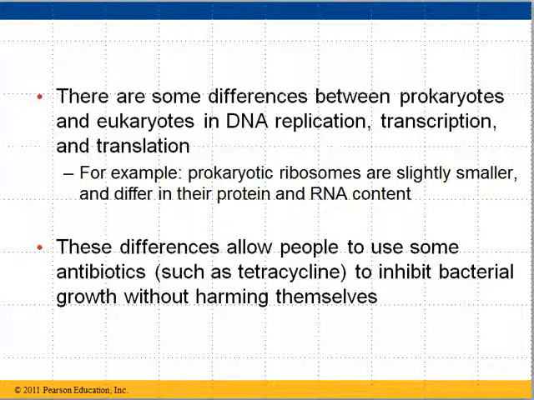These differences allow people to use some antibiotics, such as tetracycline, to inhibit bacterial growth without harming themselves. That's a very good benefit for humans or for our pets, because these medications will attack the differences between the prokaryotic and the eukaryotic cell. They won't negatively affect the eukaryotic cells, but they will negatively affect the prokaryotic. So you can take that antibiotic and it won't harm you, but it will hopefully kill off the bacteria.